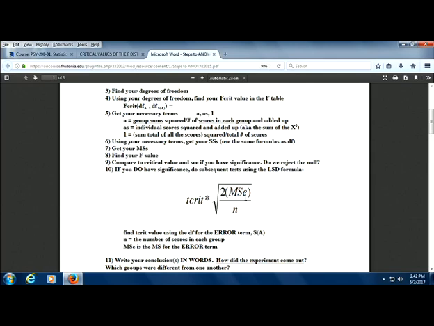And so we're going to do t crit times the square root of 2 times the mean square error term, over n. And the reason we say n is because this actually varies, you'll see next time when we expand on this and do more than one variable, not just one variable with multiple levels, when we do two variables.